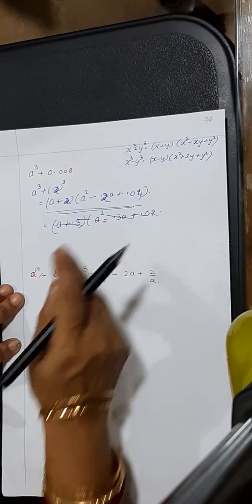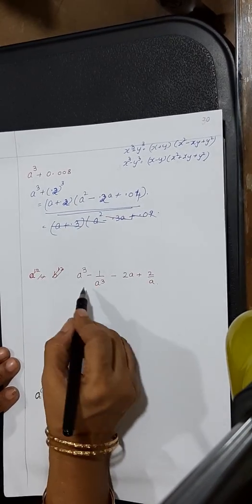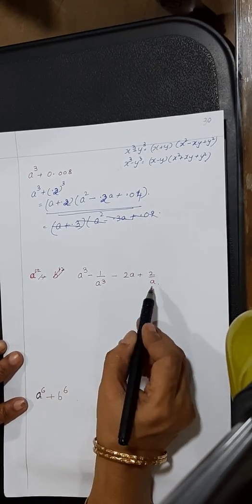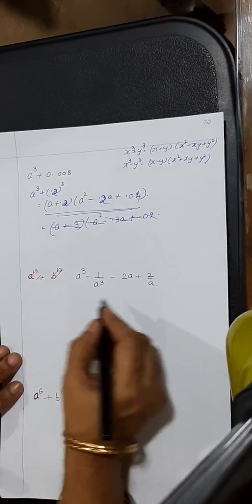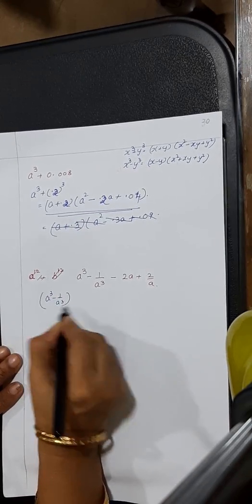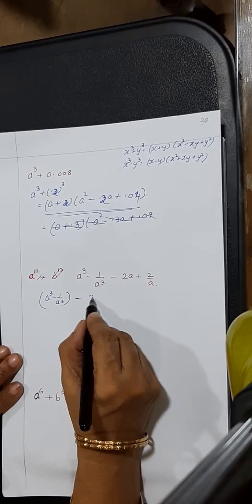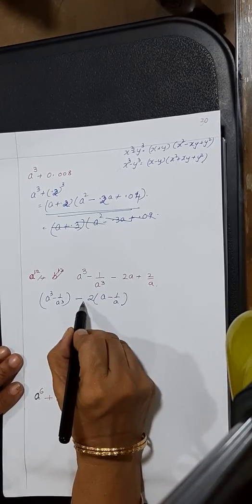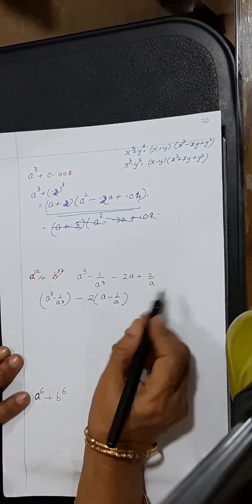This is enough. So here a cube minus 1 by a cube minus 2a plus 2 by a. So we can write this as a cube minus 1 by a cube minus 2 into a minus 1 by a. So, minus and minus will become plus 2 by a.